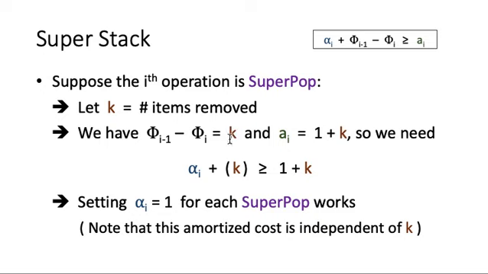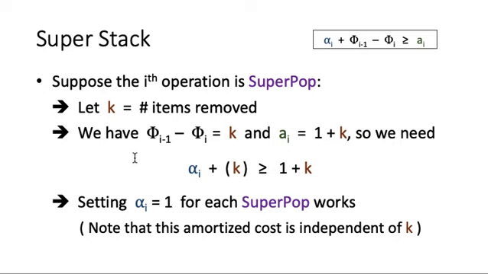And the actual cost a of i is equal to 1 plus k, as we know. So in this case, we will need alpha i plus k to be greater than or equal to 1 plus k. So here, if we set alpha i to be 1 for each super pop, it will work.